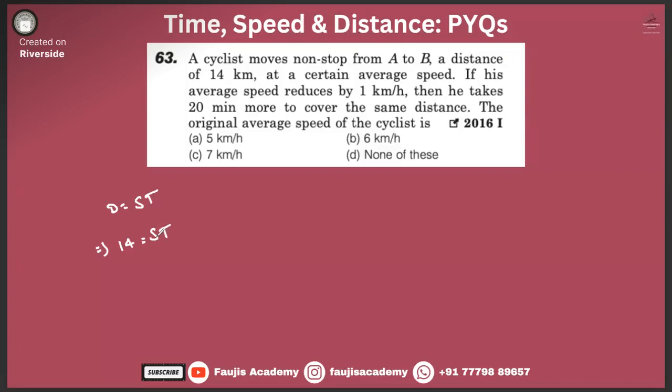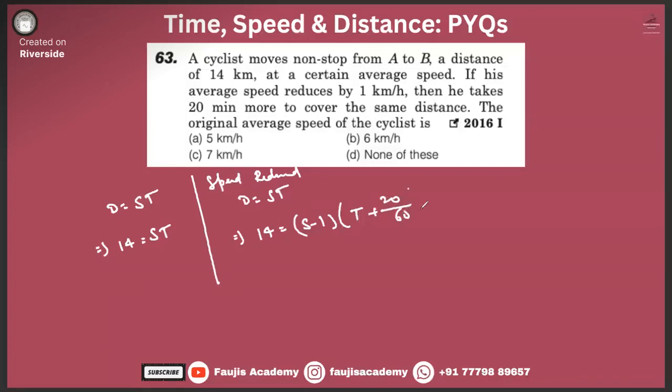Now if his speed reduces by 1, the distance remains the same, and the time he took is 20 minutes more.